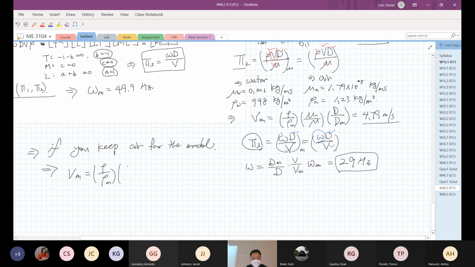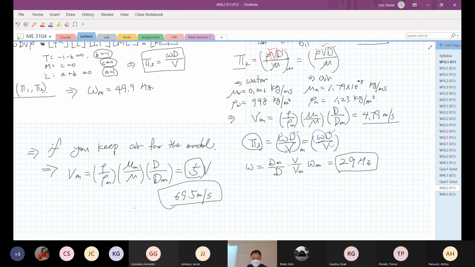We just scale down and just keep the same fluid within the model, dm. Then you will find a 5v, which is 5 times higher in the model. So it's going to be about 69.5 meters per second, and it's just much higher, right?